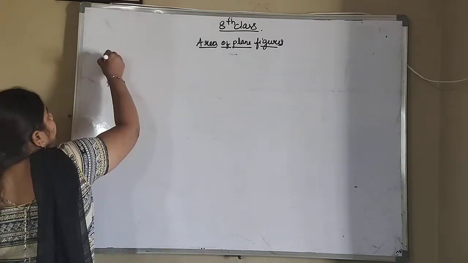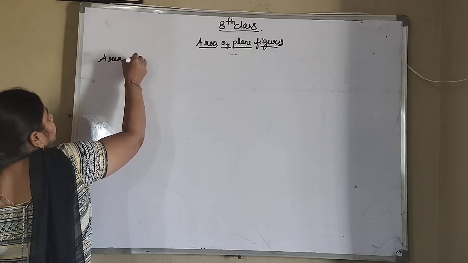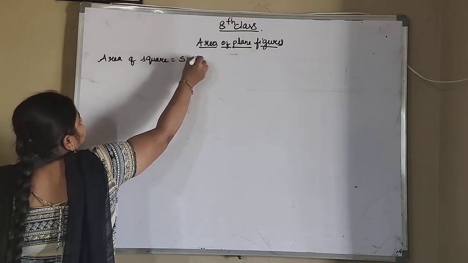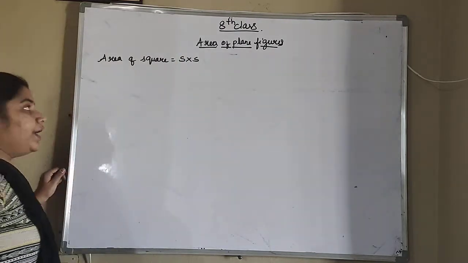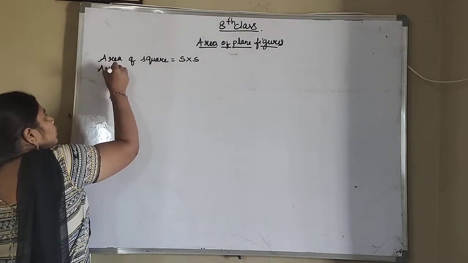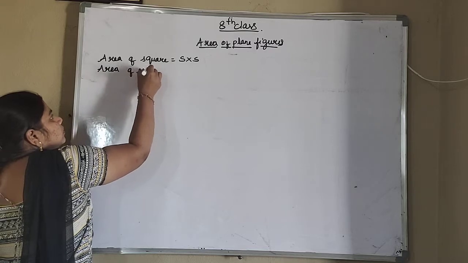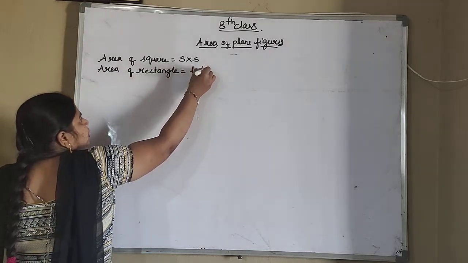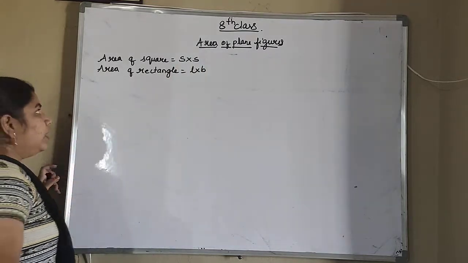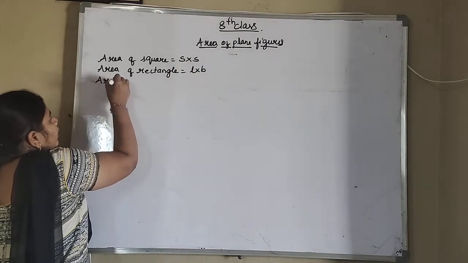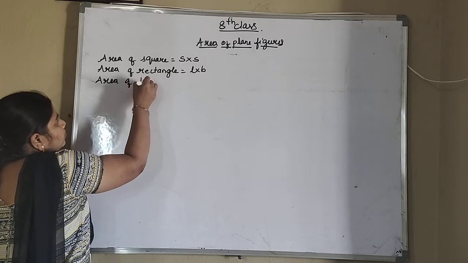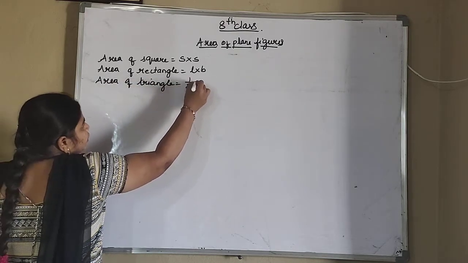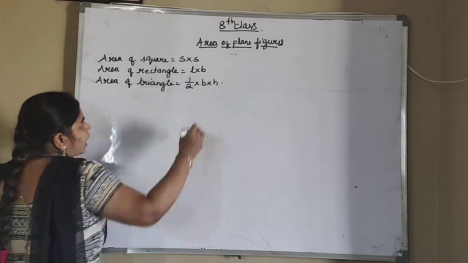We know that the area of a square is side into side, and the area of a rectangle is L into B. We also know the area of a triangle formula: half into base into height.